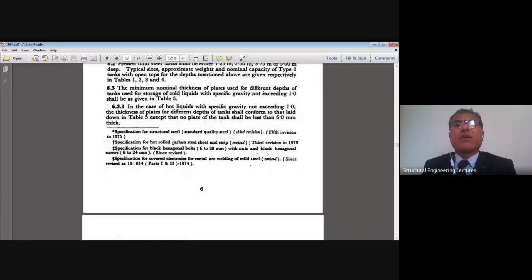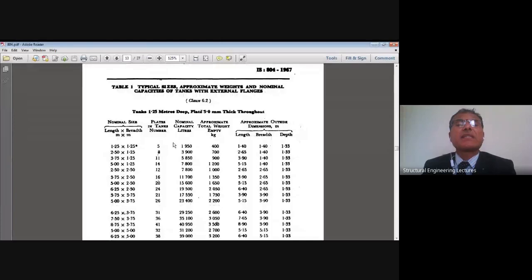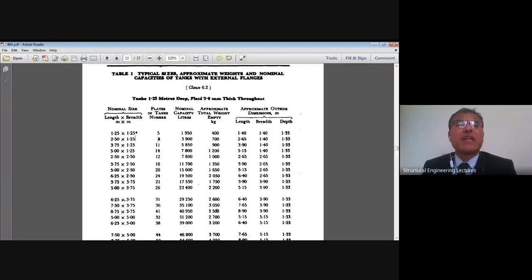Now let us see what should be the thickness of these plates, and what should be the sizes. Now this is Table 1 showing typical sizes, approximate weights and nominal capacities of the tanks with external flanges.